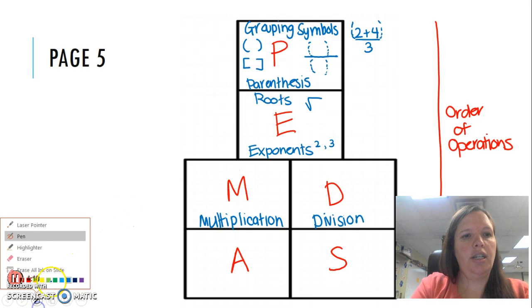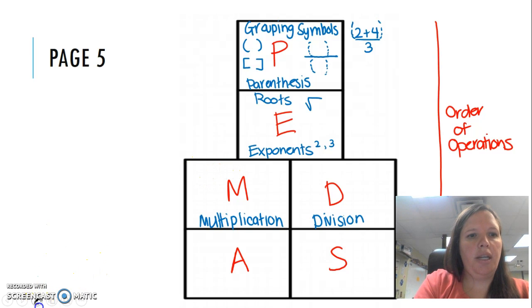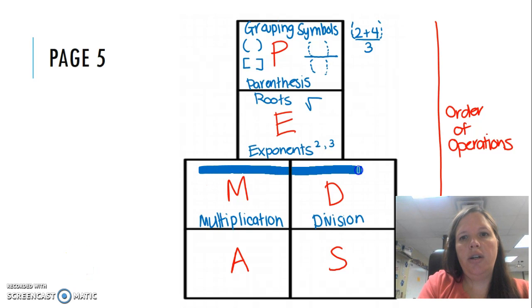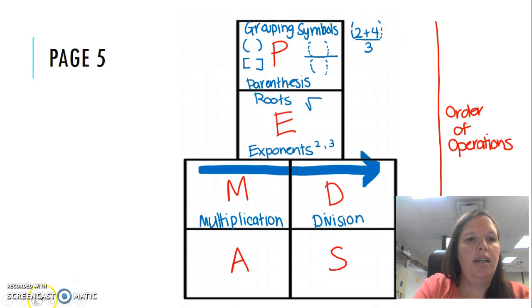What we actually want to do when we're doing multiplication and division is work from the left side of our problem to the right side of our problem. So we're always going to go left to right for multiplication and division. So division could happen first. They have the same level of priority, so we just look from the left side to the right side.